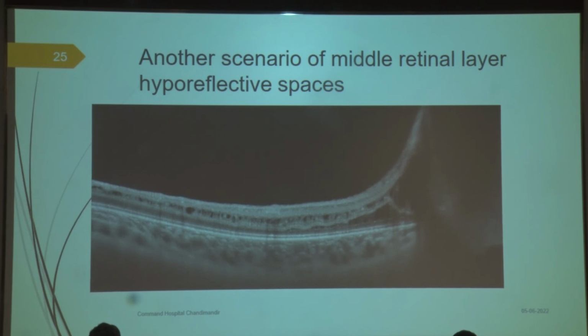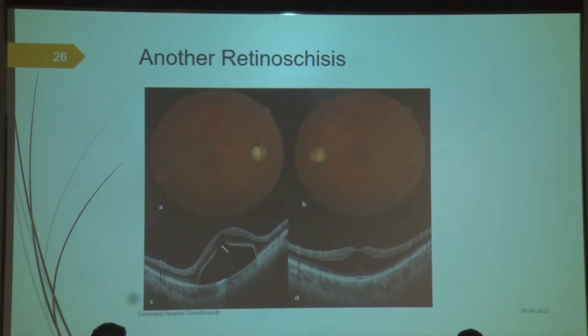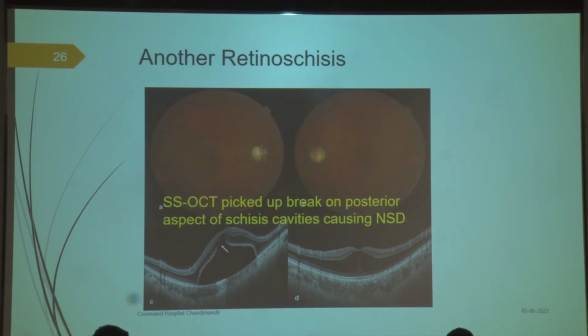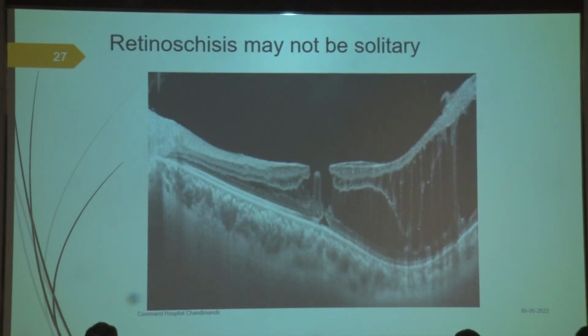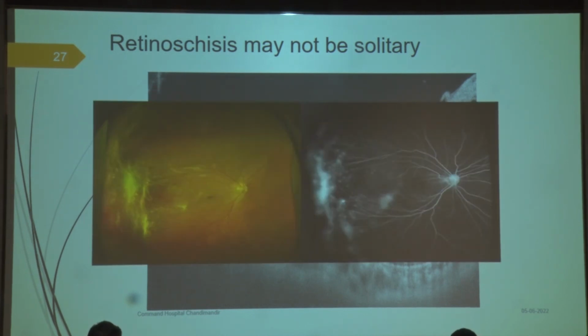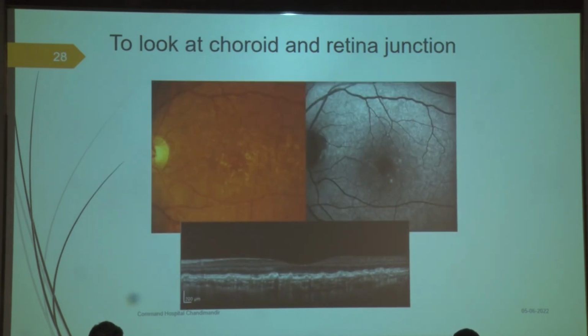Now, further fluid spaces in the retina can occur because of varied causes like acquired retinoschisis, and these can lead to confusion with the diagnosis of macular edema and subretinal fluid. Now, coming to the associations, this kind of fluid spaces may not be solitary at all, and what we have to look for is the peripheral retina, and sometimes we can pick up diseases like FEVR, so as to find out why the disease has occurred.